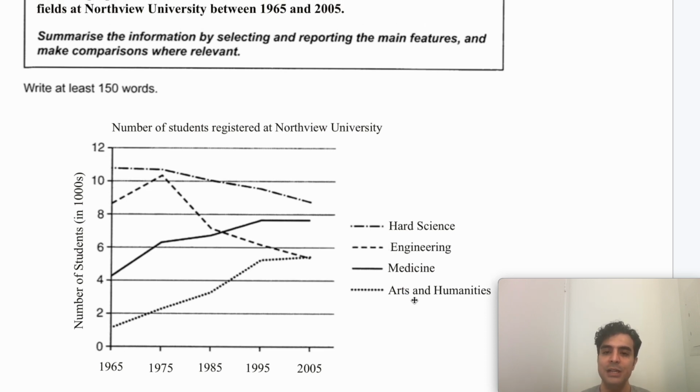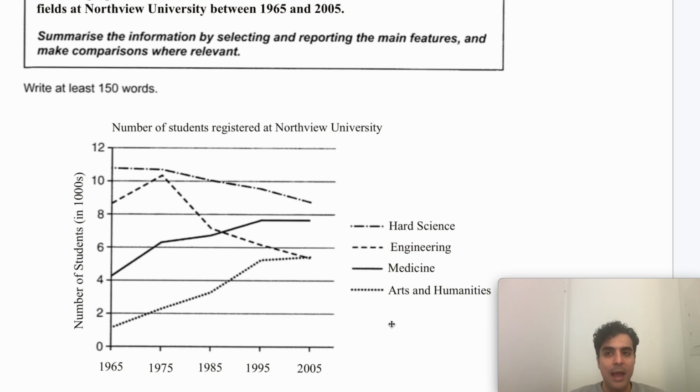The next question is, okay, so let's say you're writing 1 paragraph for hard science and engineering and 1 paragraph for medicine and humanities. You can only afford to include 2 or 3 sentences for each of those paragraphs. In other words, I should be able to summarize everything you see here regarding hard science and engineering in 2 to 3 sentences.